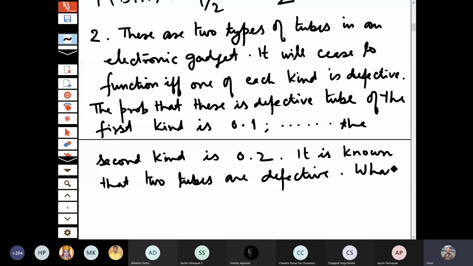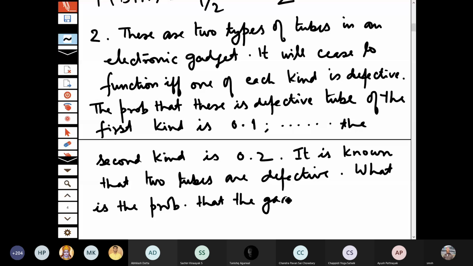It is known that two tubes are defective. What is the probability that the gadget still works?